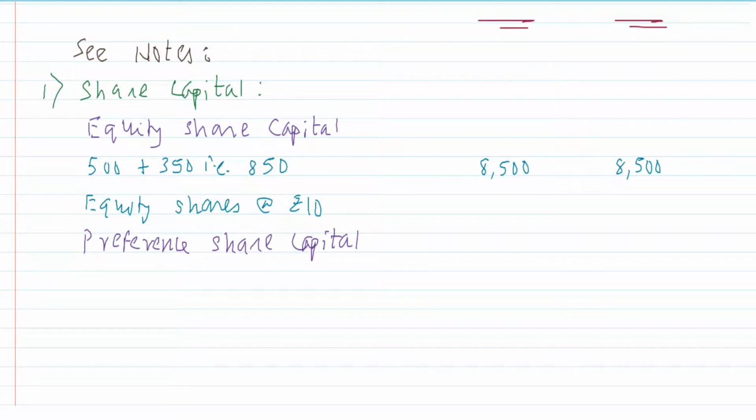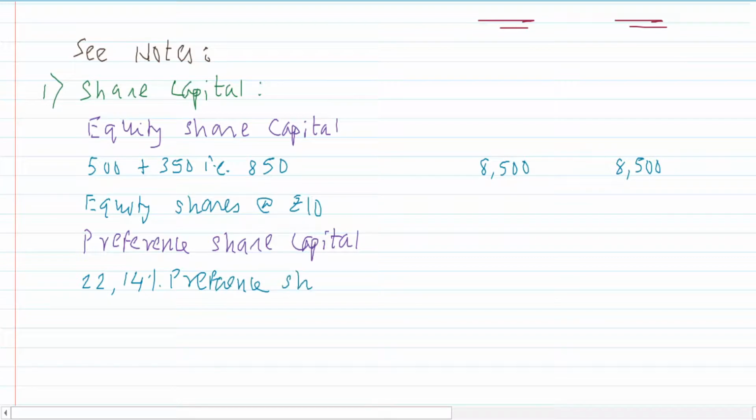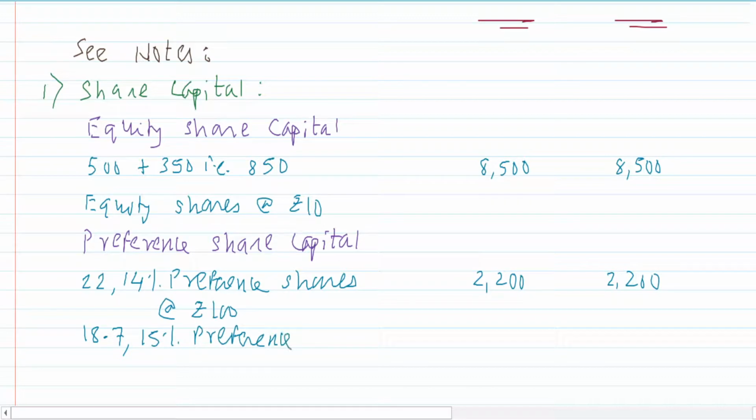Okay, preference share capital. 22, 14% preference shares at the rate rupees 100. 2200. 18.7, 15% preference shares at the rate rupees 100. 1870.